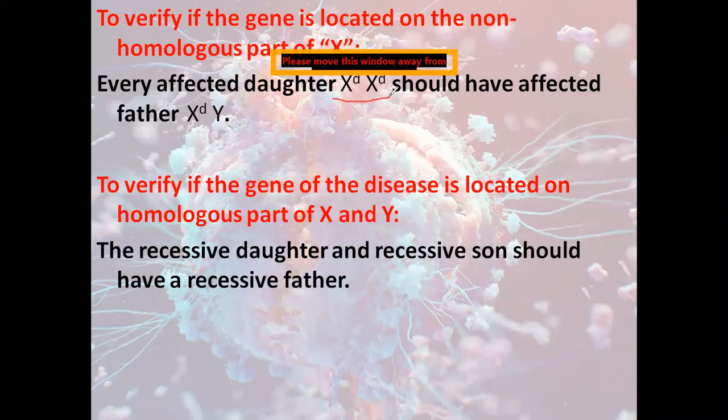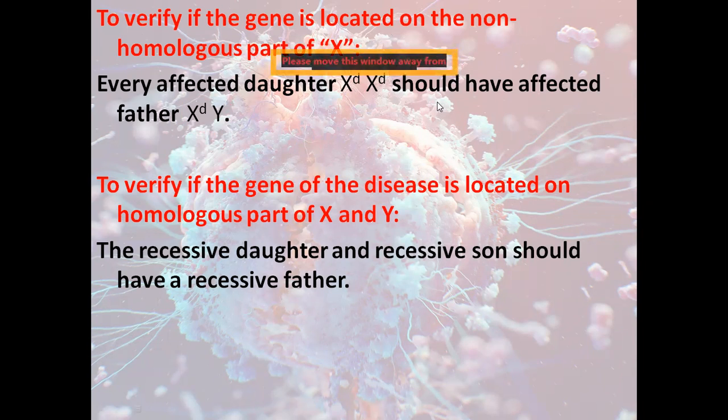So XD, XD: this daughter should inherit XD from each of her parents, so she should inherit XD from her father. So the father will have XDY, and this means that he should be affected. But if the father is not affected, it's not the case.